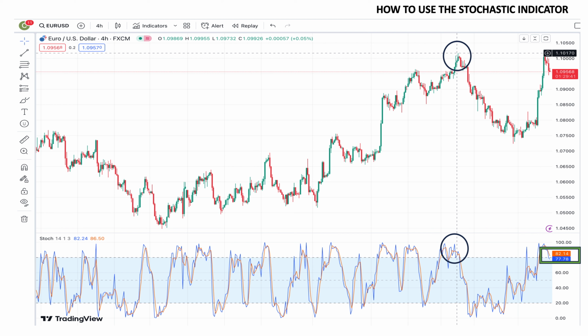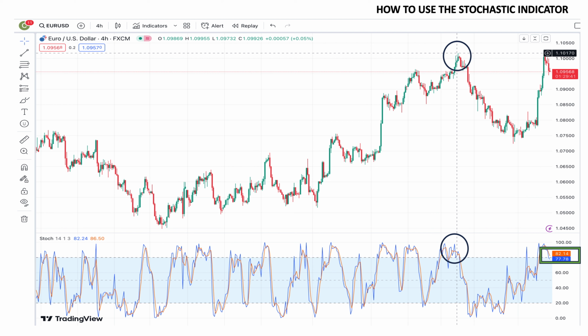In the green area, you can see the price is above 80%. Like I said, when it's above 80%, it means overbought, so you'll be looking for a sell. And if it's below 20%, it means oversold, so you'll be looking for a buy.